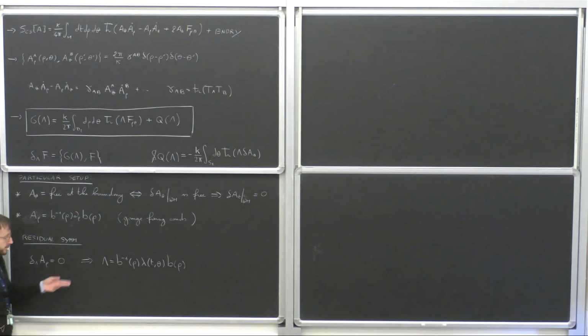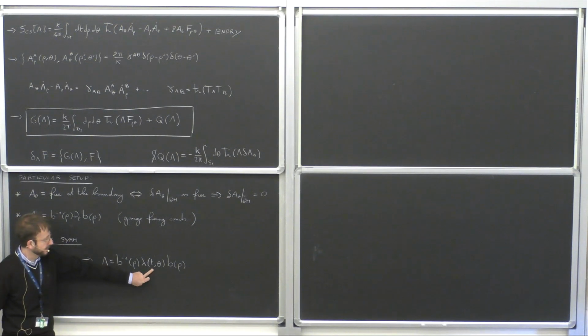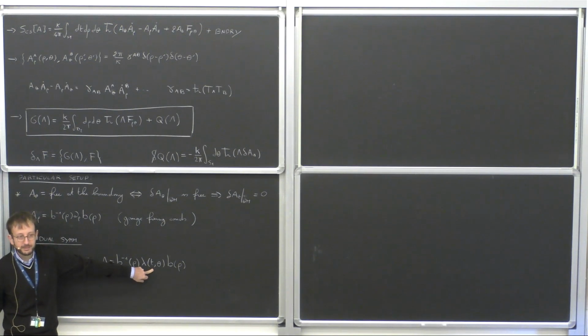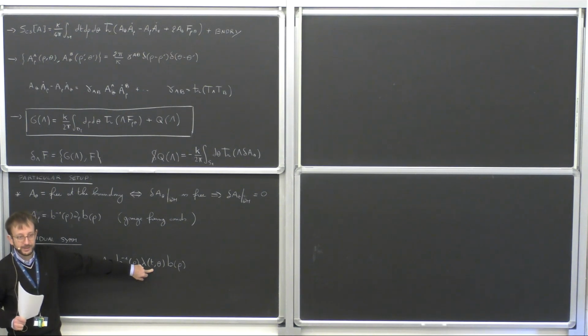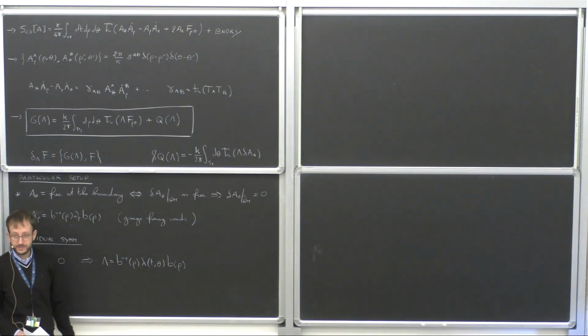And just another comment. Yesterday I told you that there is no dependence on time. Why the hell do you write a t here? Well, it's simply because I haven't said that it's constant in time. I said that the time dependence is fixed. So the dependence on t is a specific dependence in time.